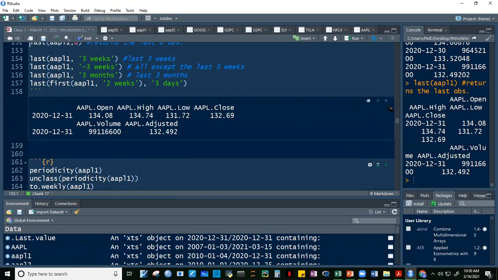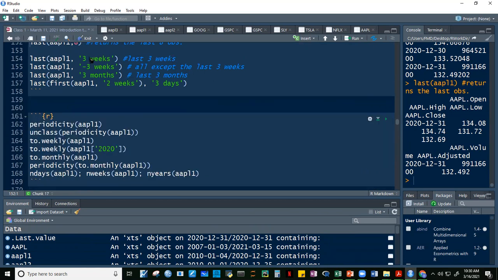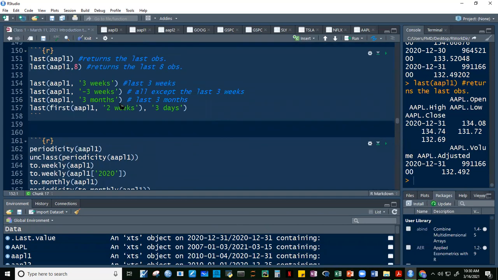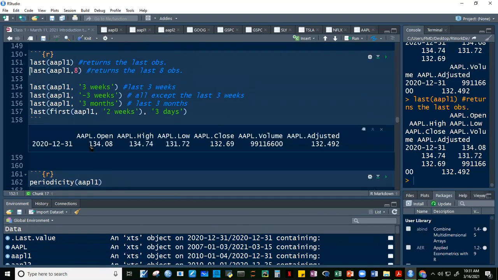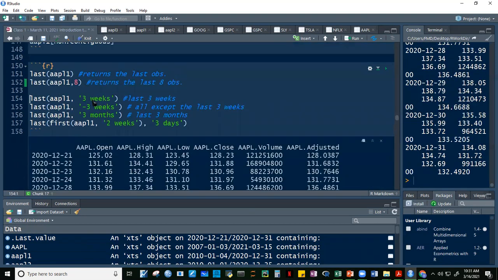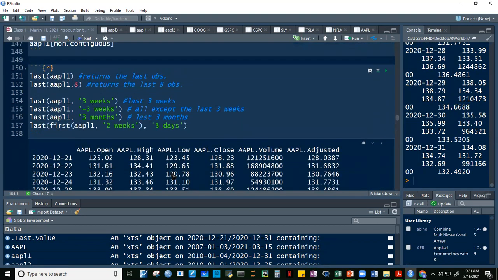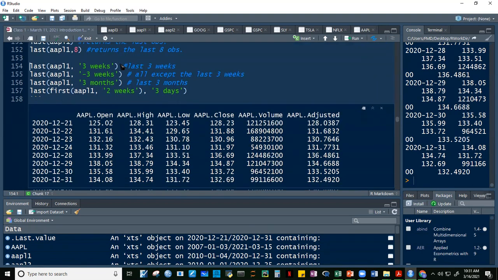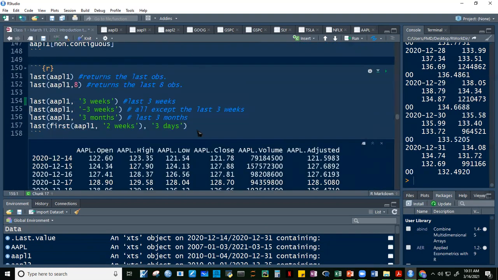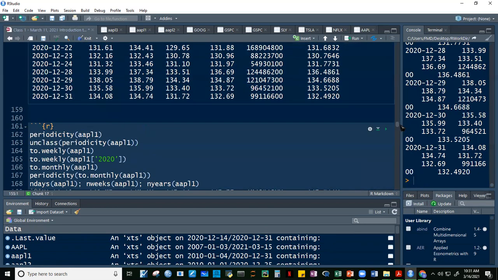So last. So yung last day niya, no? December 31. Last 8. Last 8 to. Last 3 weeks. This will give us the last 3 weeks.